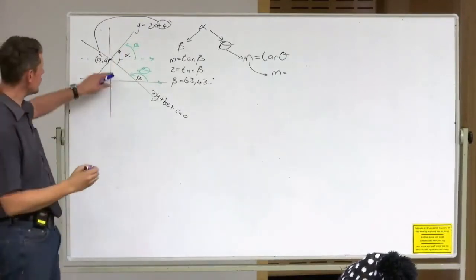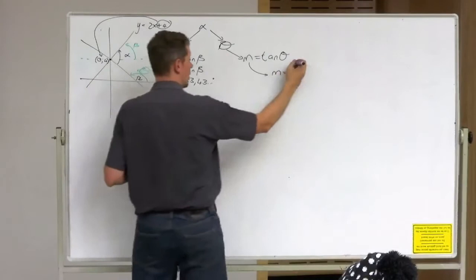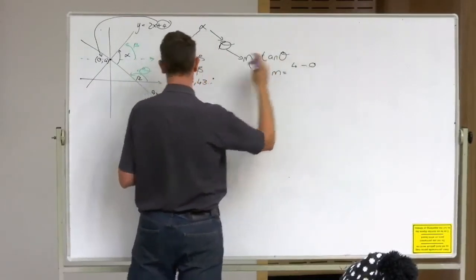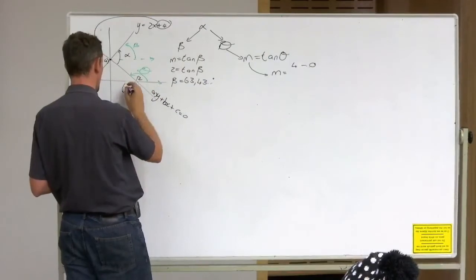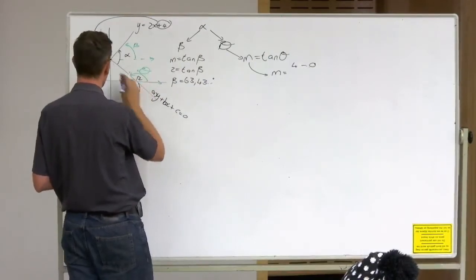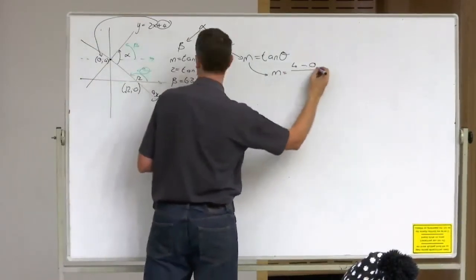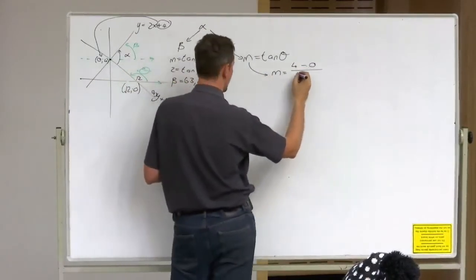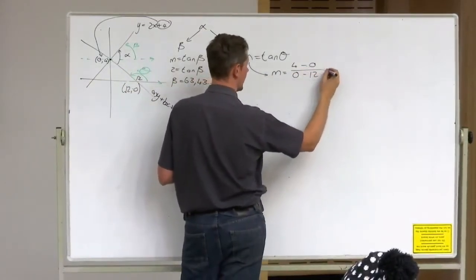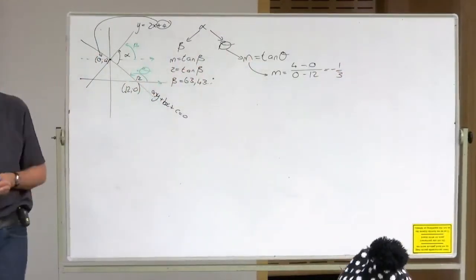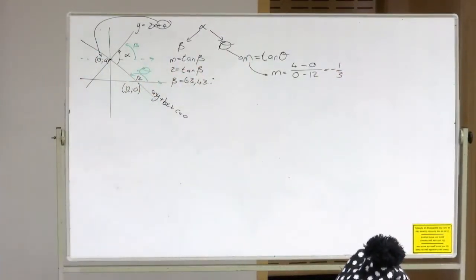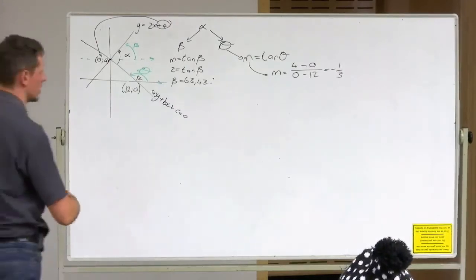So I'm going to say 4 minus 0 for this one, because this one is 12, 0. 4 minus 0 over 0 minus 12. And again, please use your calculator. Don't run it out step by step by step. Just put it in your calculator and get an answer.